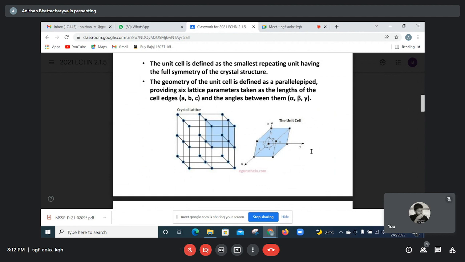So the basis is the single atom or two atoms, and the geometry, the coordinate system, is the lattice. Okay, where you put in space is the lattice. What you put in that space is the basis. So together you have a crystal.